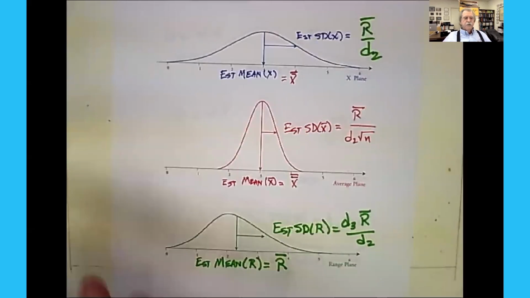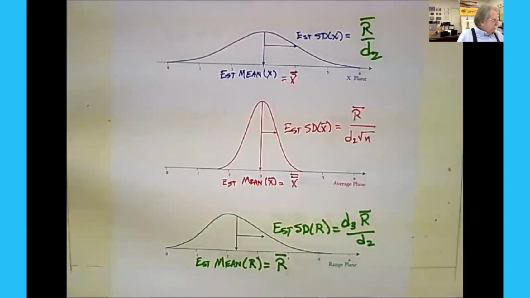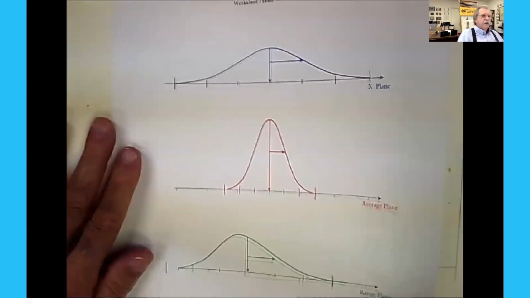Once we have page 25, all we need is part 3 of the empirical rule, and we can write our formulas for our 3 sigma limits. And we'll do that on page 26.